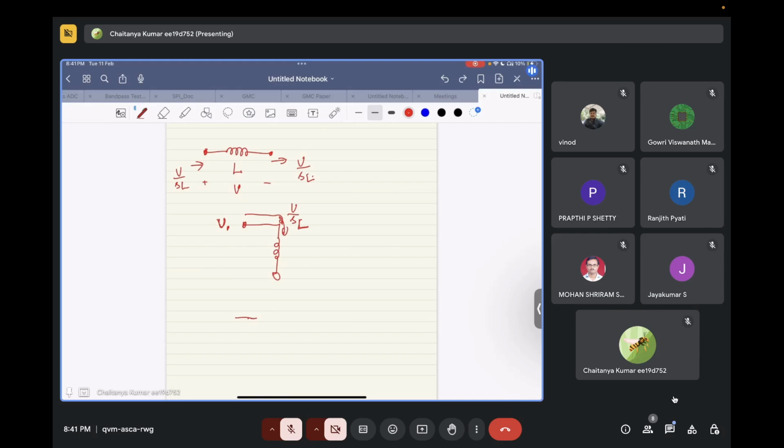You need to somehow make sure that when you apply a voltage V over here, the current that comes out is inversely proportional to the frequency. This is what you need to make sure, right? So let's see how we can do that.